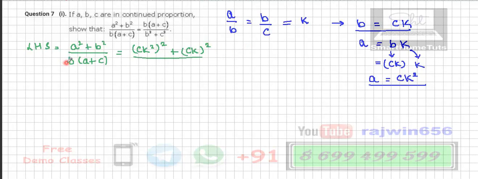Divided by, instead of B again here, this is CK. Bracket A is CK square. Only A is there. Remember here A square is not there. So it will be only CK square. Plus only C is there.